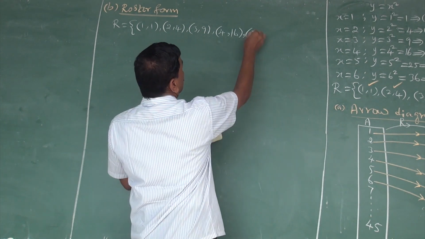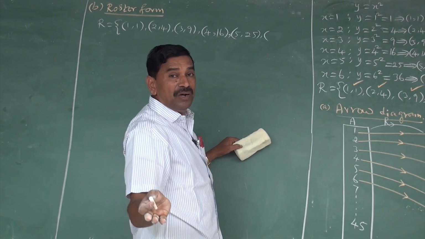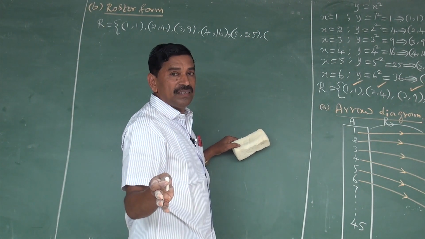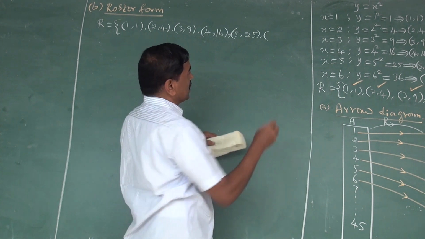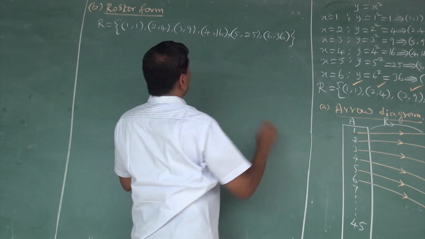Next is 6 comma 6 square, which means 6 comma 36. Complete the curly bracket.